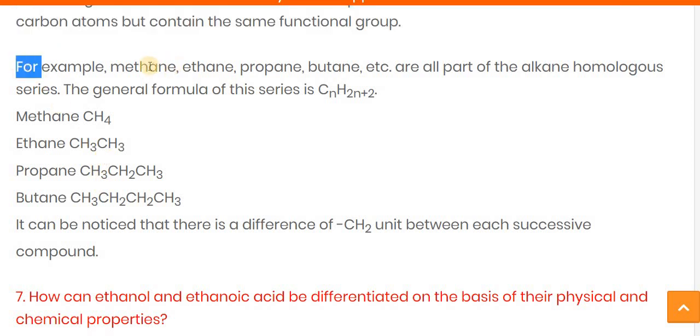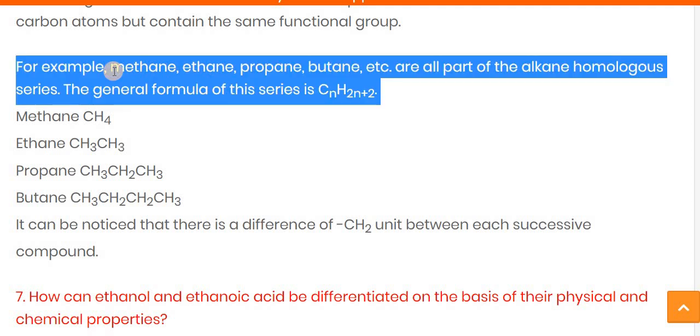For example, methane: the suffix "ane" is in all the cases, meaning the alkane group is there. For example, methane, ethane, propane, butane, etc. are all part of the alkane homologous series. The general formula of this series is CnH2n+2.